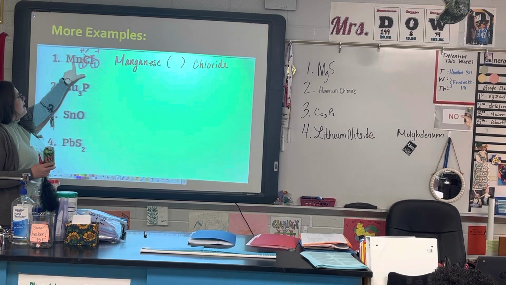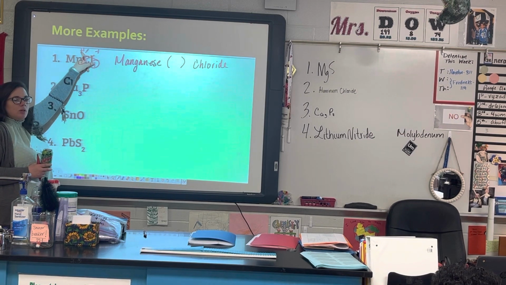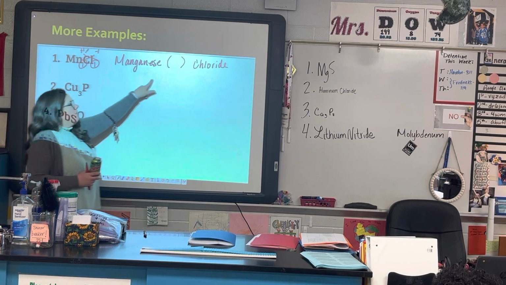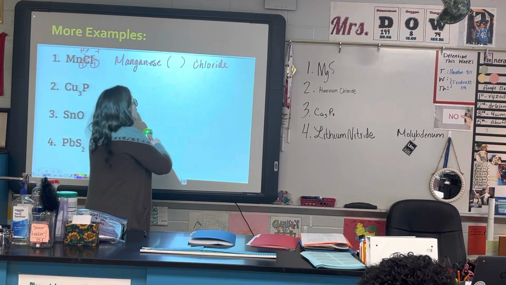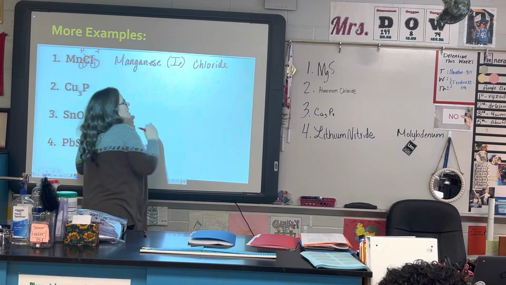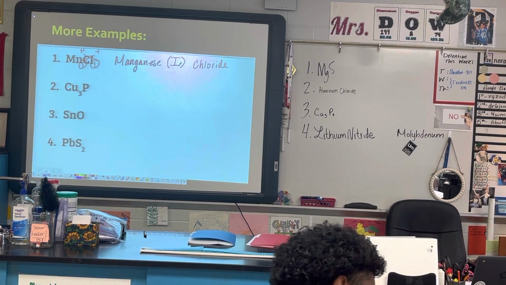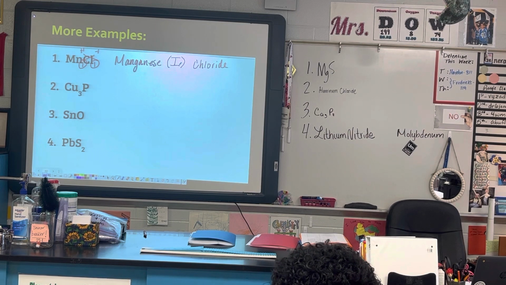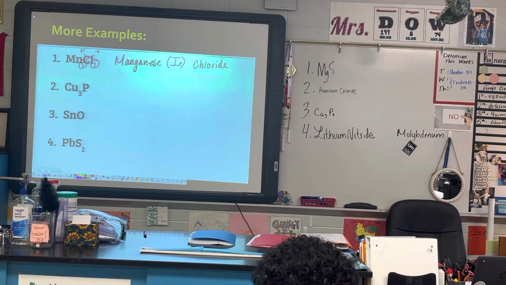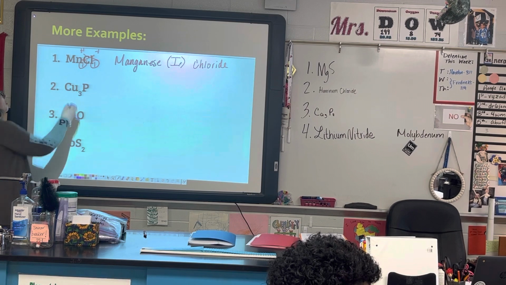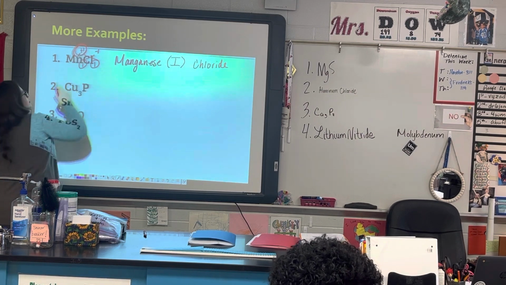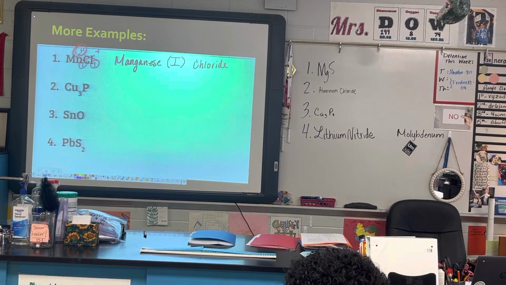So that means that manganese has what charge? +1. So we come over here, and what Roman numeral do I put? 1. Manganese(I) chloride. So we're only putting in our Roman numerals the charge that's on our metal.